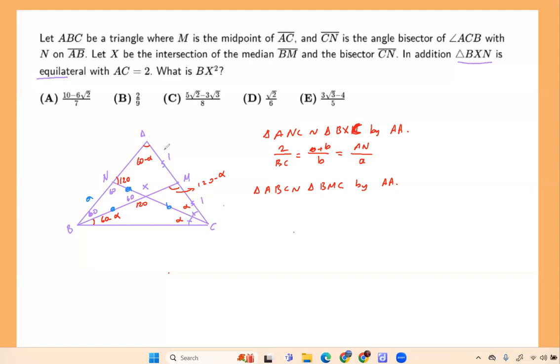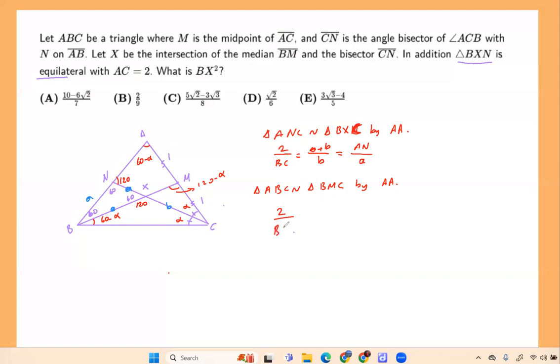ABC, this triangle, the 2 was known, which is AC. AC is opposite to 120 minus alpha. In BMX, this triangle, 120 minus alpha is this angle, which is opposite to BC.